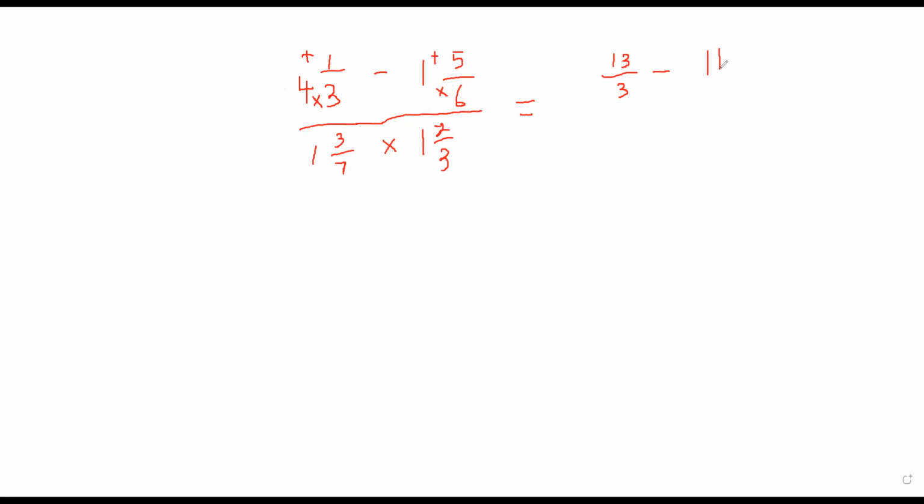So we say 11 upon 6. All upon 1 times 7 will give me 7, plus 3 will give me 10. So we say 10 upon 7, right? Times 1 times 3 gives me 3, plus 2 will give me 5. So we say 5 upon 3.